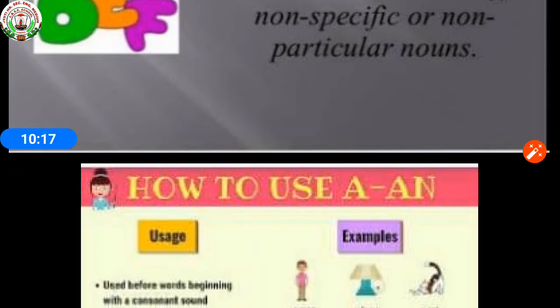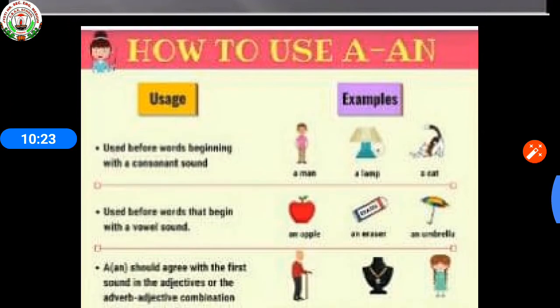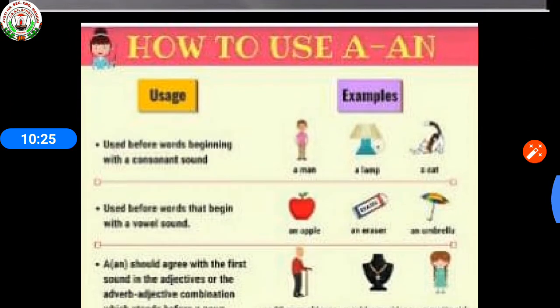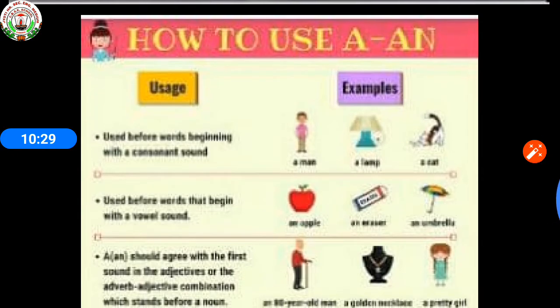Now we see when and how to use a and an. A is used before words beginning with a consonant sound.